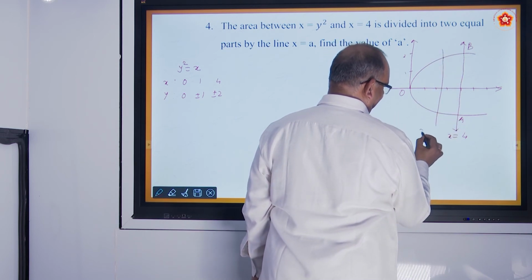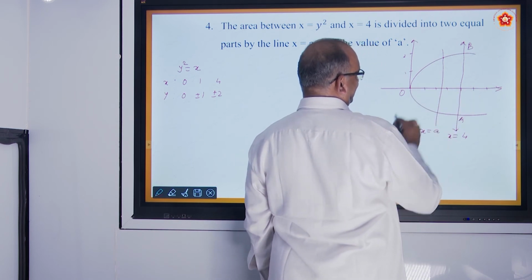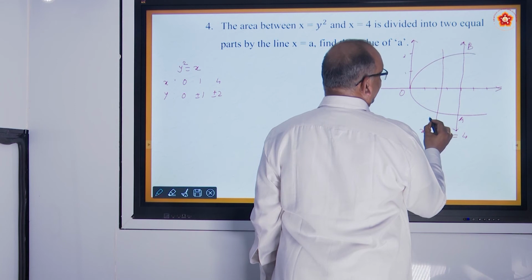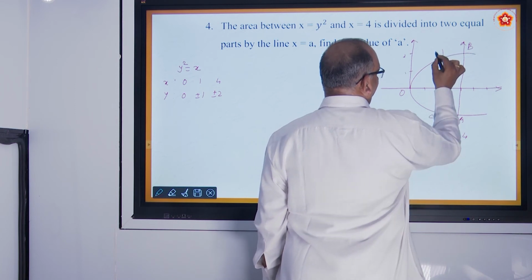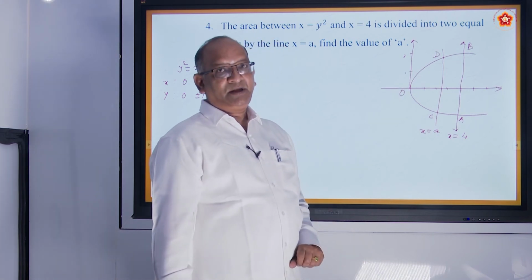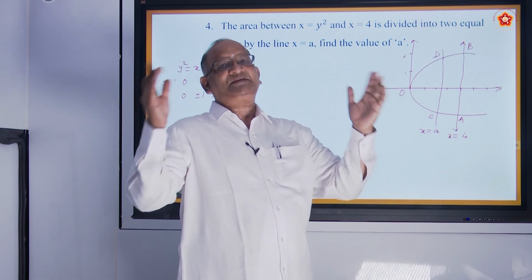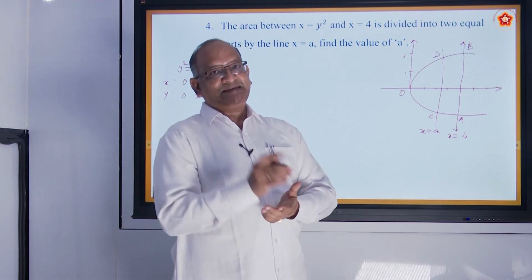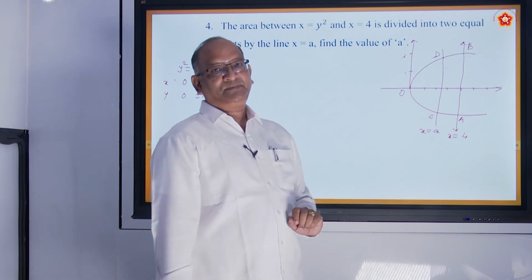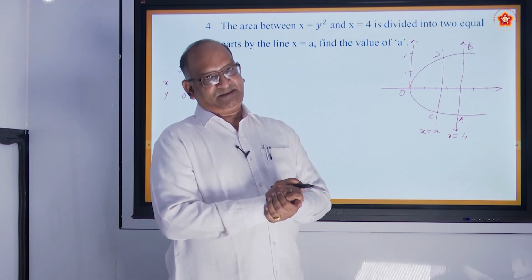Let us say this is the line x equal to A, which is dividing it into two equal parts. You can call the points, let us say, C and D. So one area is OCD, another area is CABD. These two areas we can say are equal. He is asking what is A. Where is that point A which is dividing it into two equal parts?